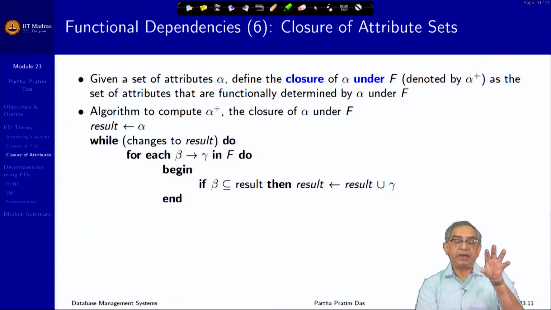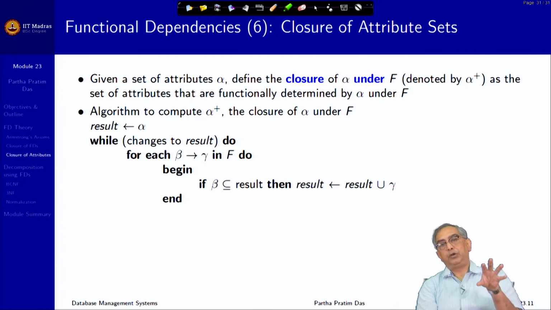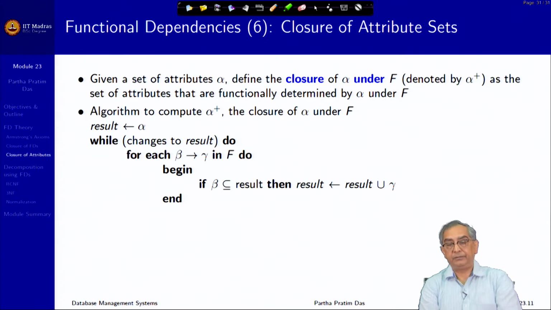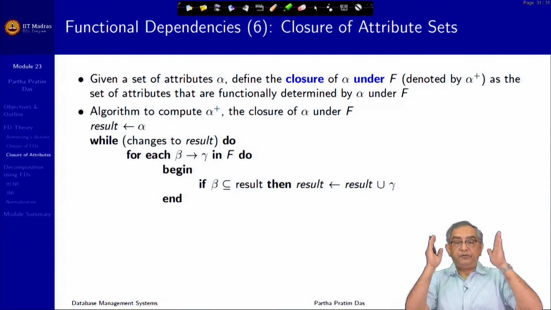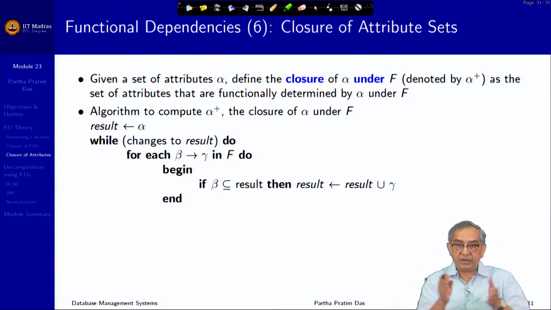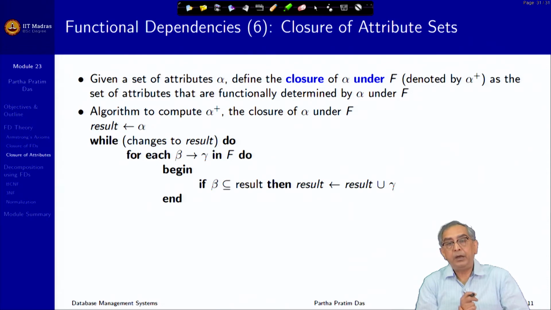Alpha plus is the set of attributes which can be functionally determined by alpha under F. It should be possible to functionally determine each and every attribute of alpha plus from alpha, applying the functional dependencies that exist in the set F. So, for any set of attributes, the closure set is necessarily with respect to the set of functional dependencies.